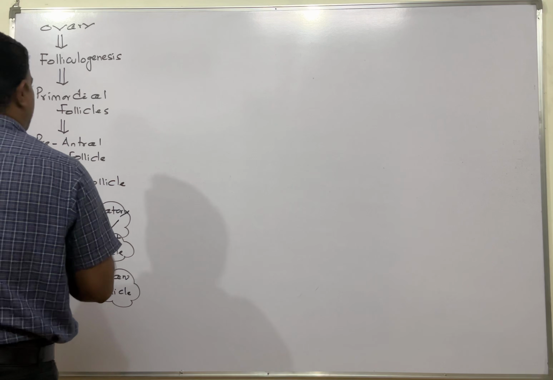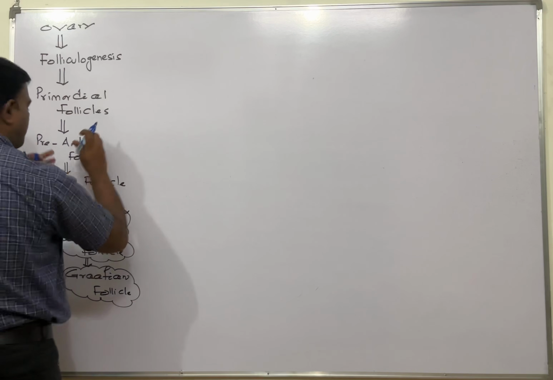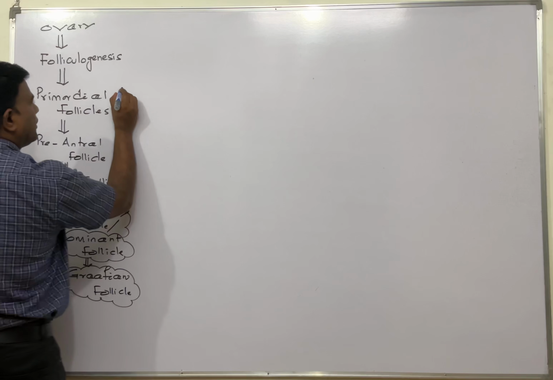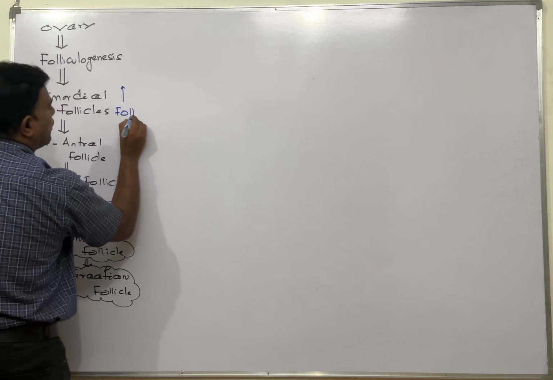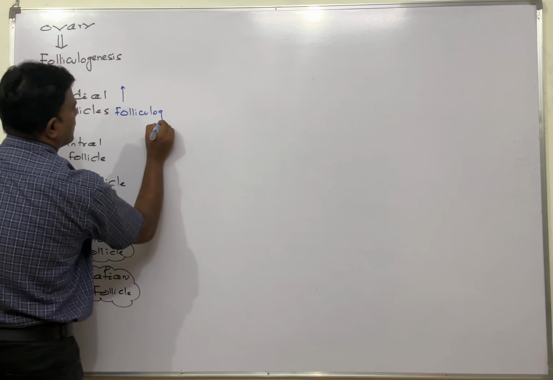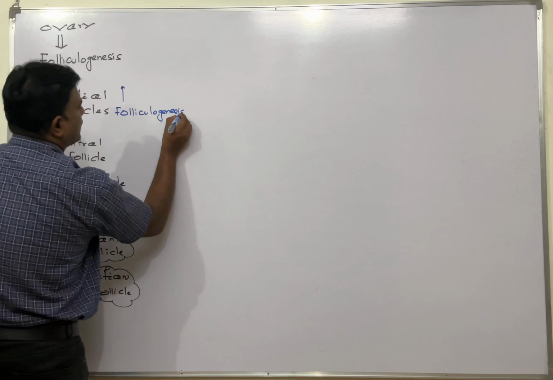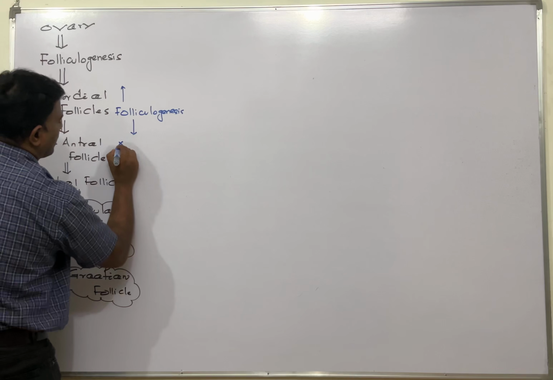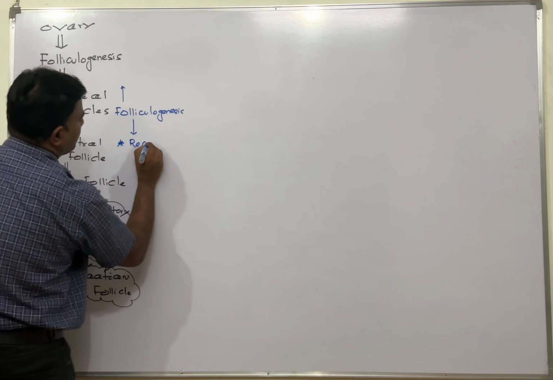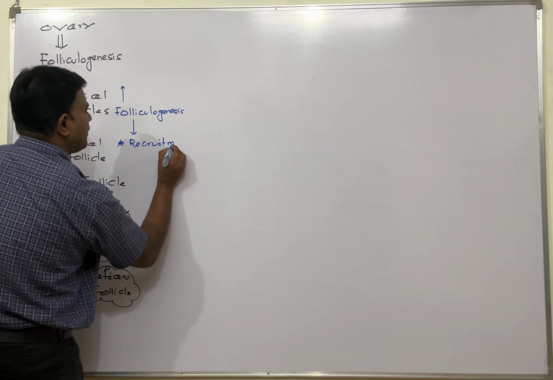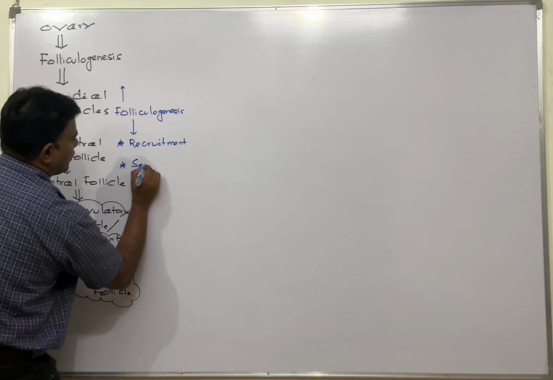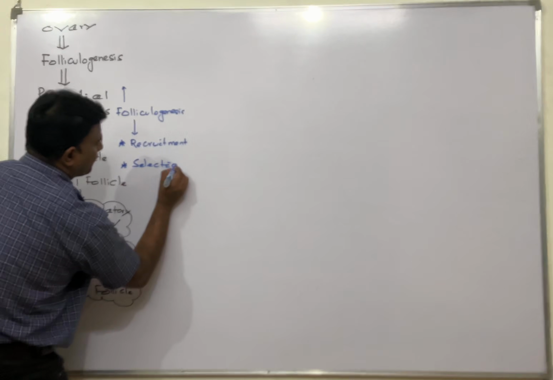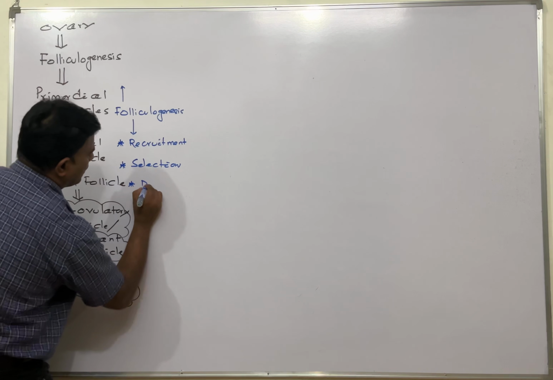So what is this process? This primordial to antral follicle development goes under the word folliculogenesis, where recruitment of some of the follicles occurs. They undergo selection, I'm just skipping these points.